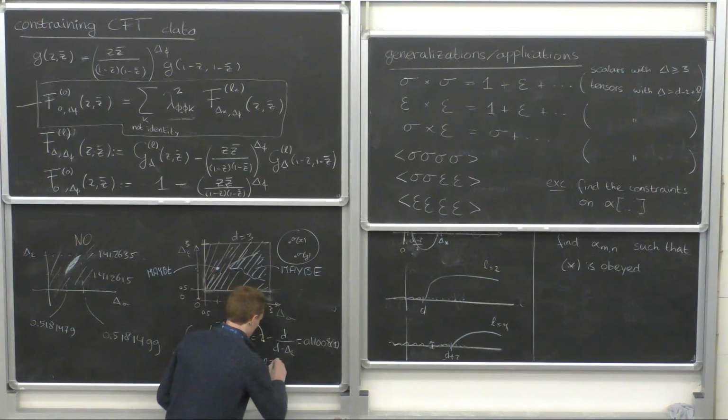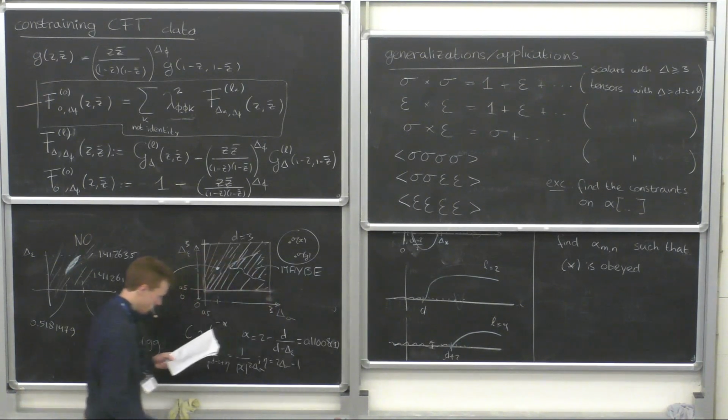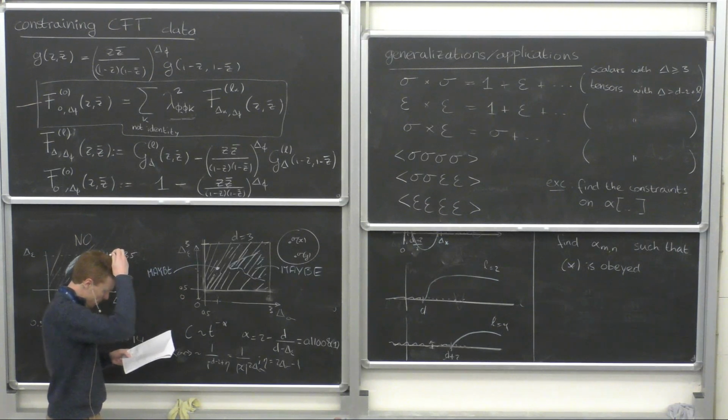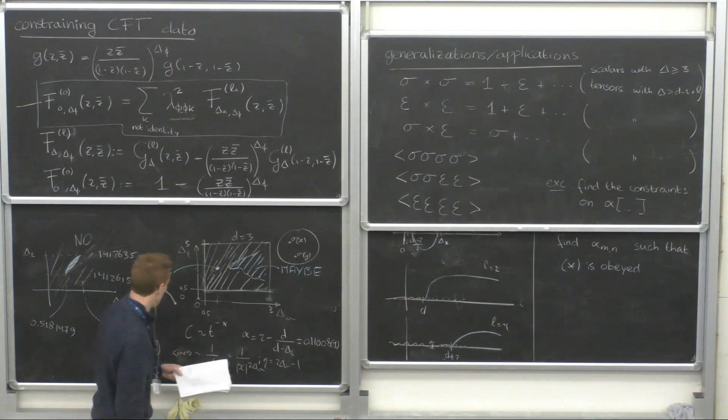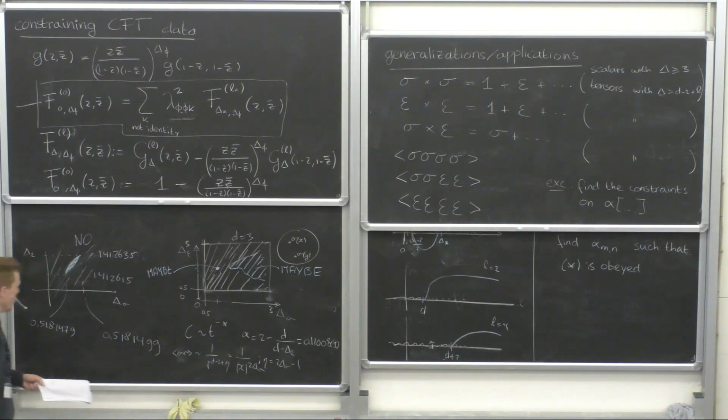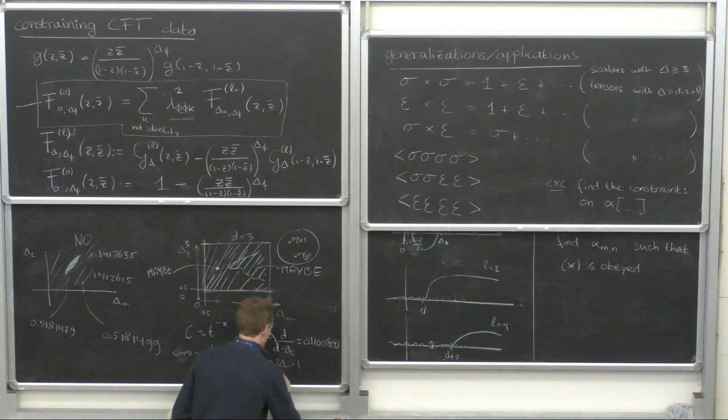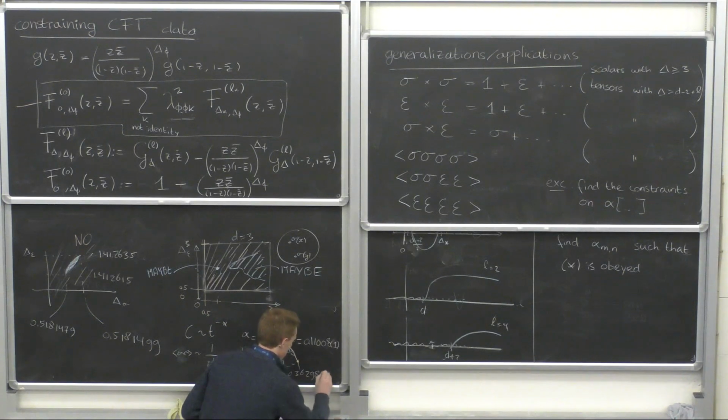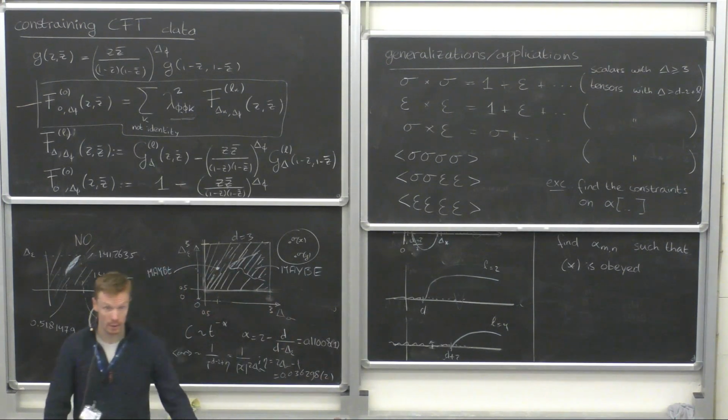So eta is 2 delta sigma minus 1. So this is 0.036298 now, with uncertainty of 2 in the last digit.